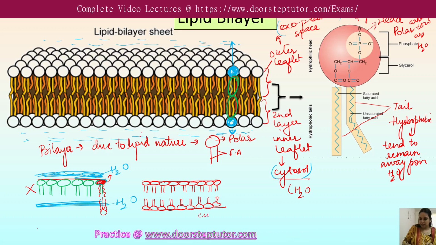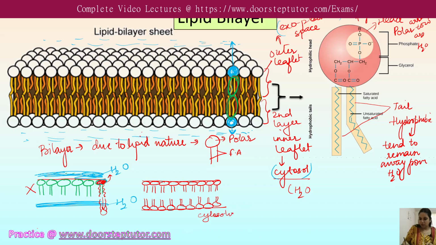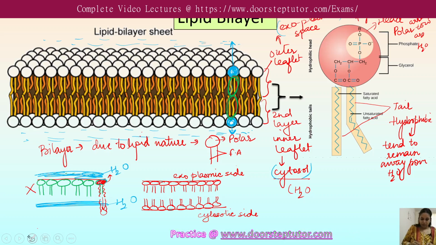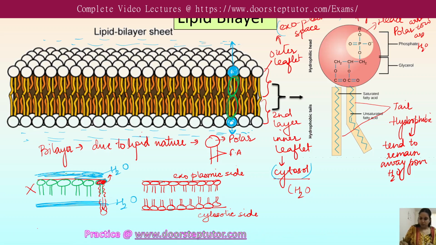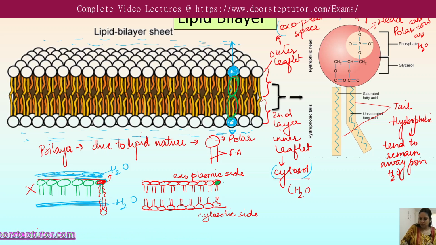So this one is the cytosolic side, and this one is the exoplasmic side, that is outside the cell. So the polar structure will be attracted to water easily, so no problem with the attachment.